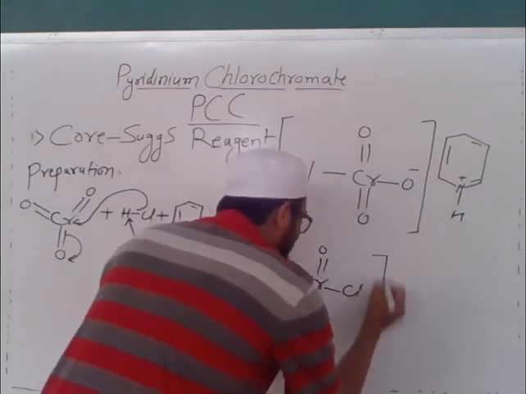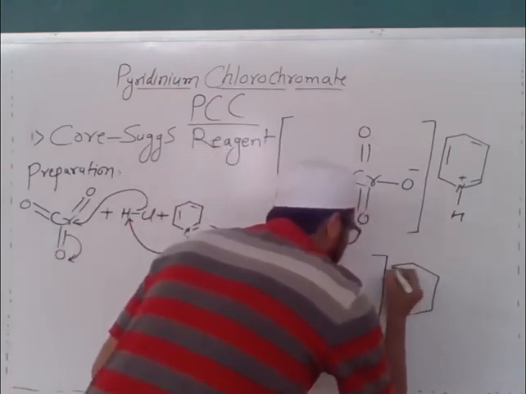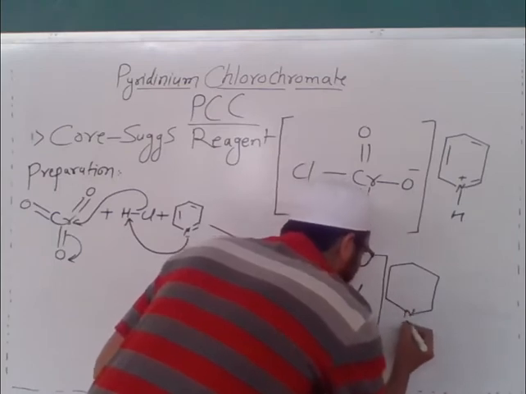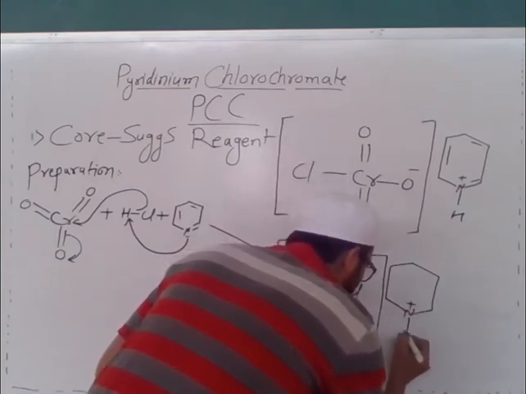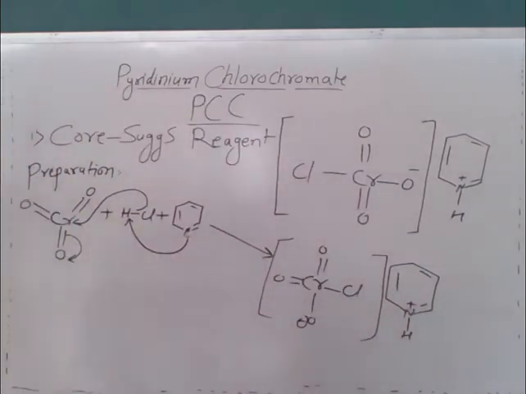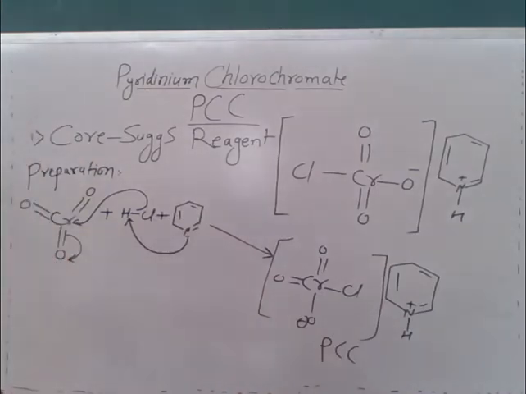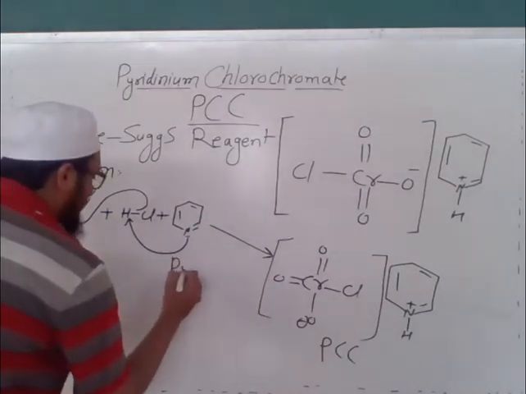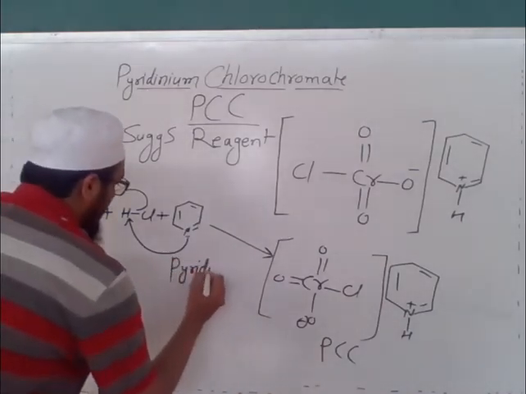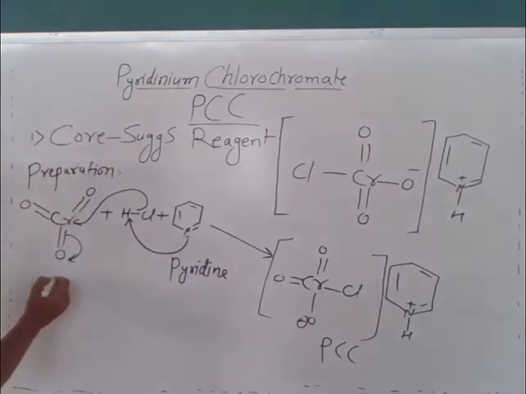And what else do we have? We have our pyridinium. So this is the preparation of PCC. What chemicals does it require? It requires pyridine, hydrochloric acid, and chromium trioxide.